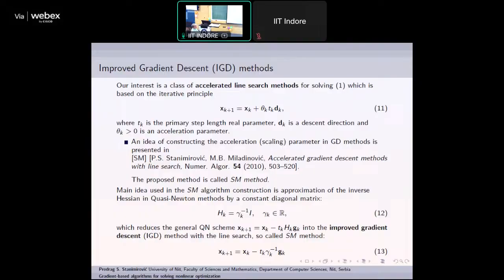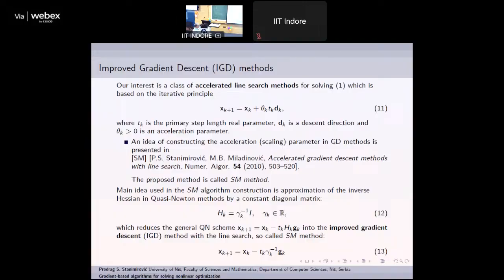Here I want to point out my research interest in this area. What was my main research interest here? We wanted to put in another parameter. If we consider a rule of the form new iterative point equals old iterative point plus step size times search direction, it is a line search method.